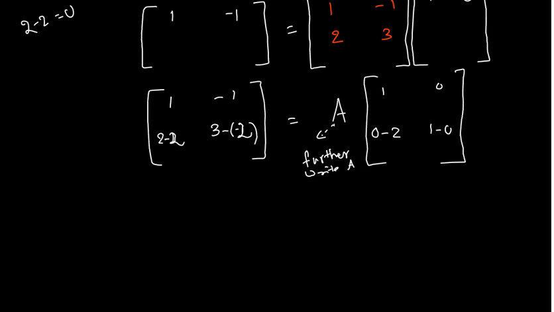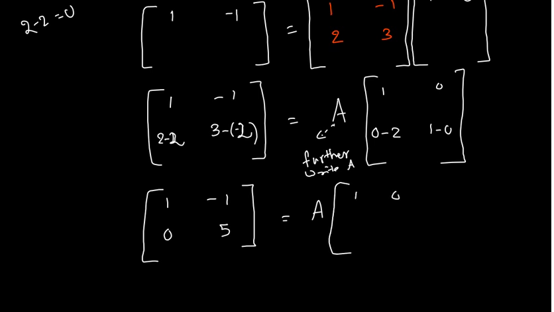Okay. Now write down the result before applying the next one. You'll have 1 minus 1, 0, and this is 3 plus 2, this is 5. That is equal to A, and this is 1, 0, minus 2, 1. Okay, and my next target now is I want to make this as 0.